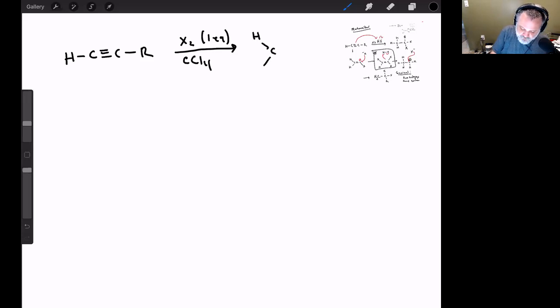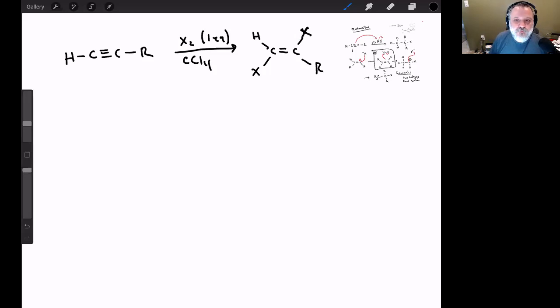And if you remember before, it was anti-addition. It's anti-addition because of the sort of three-membered cyclic intermediate that was the halonium ion. And we looked at it in the case of bromine, and so it was a bromonium ion. But you get the same stereochemical outcome in this case for essentially the same reason.